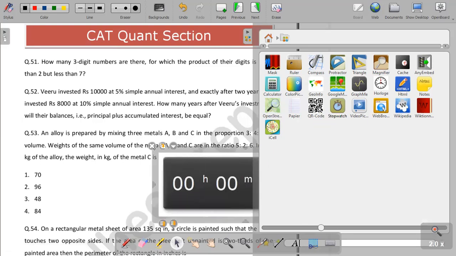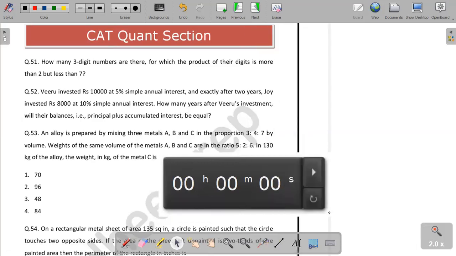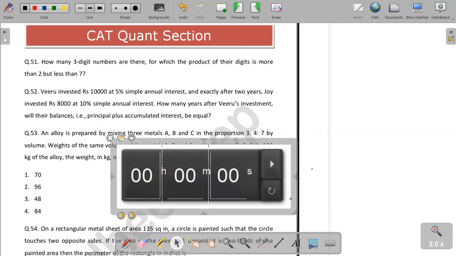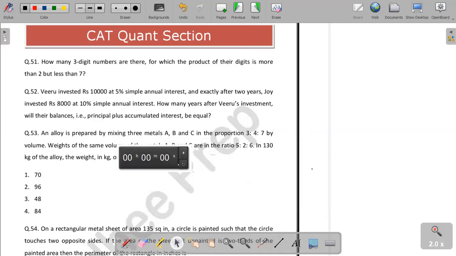Okay. Let's go with the stopwatch only. So let's assign the time. That is 2 minutes, and let's see how much time the question takes. So 1, 2, 3, start.